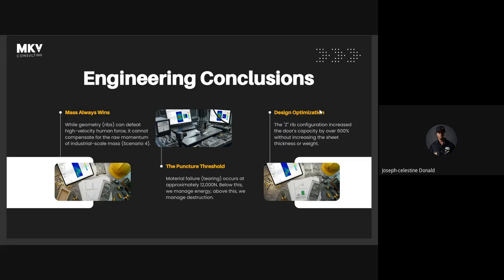With that, you can start working backwards: what material to use, what kind of hinge to use, the thickness of the door, the size of the door, the height of the door. These things start mattering. Then design optimization. Like I said, the rib itself, the Z reinforcement I added, played a big role, much more than I expected. So I thought about it.